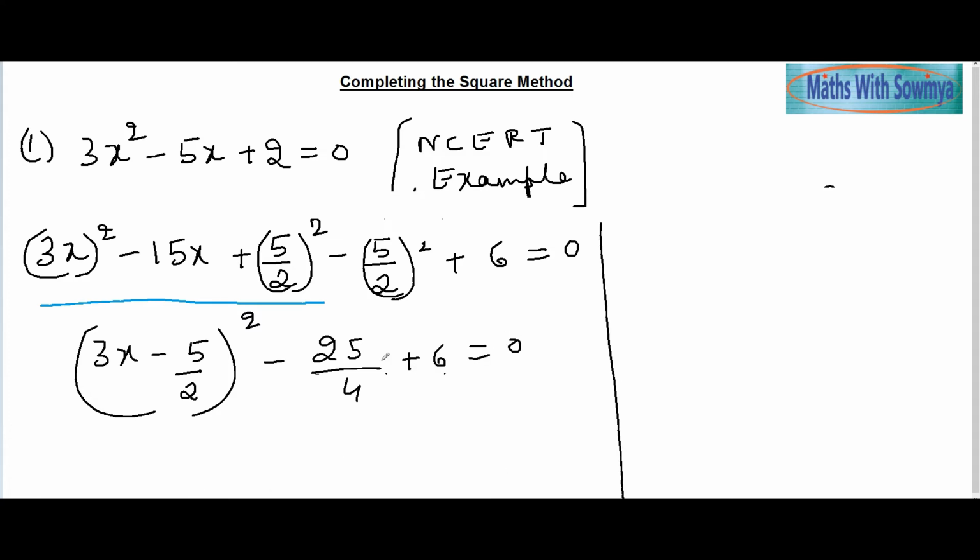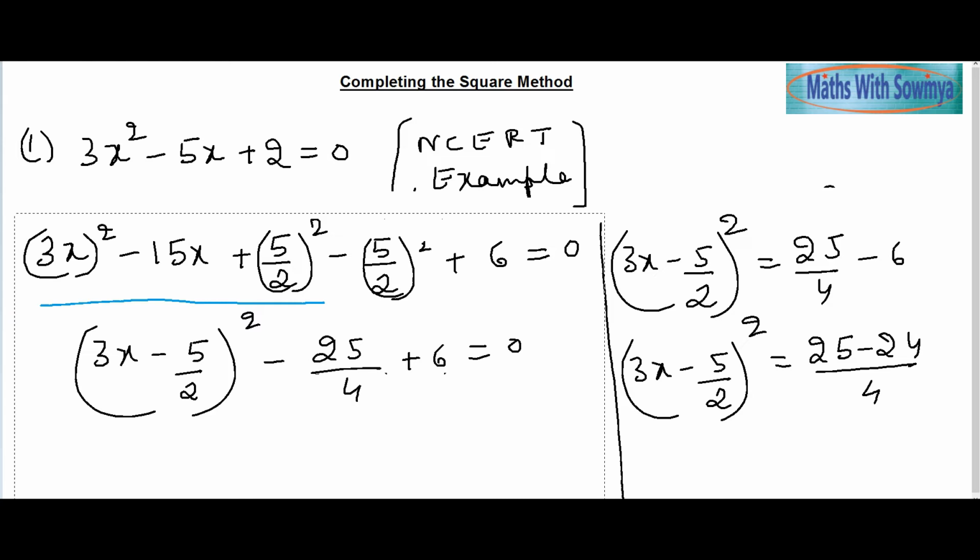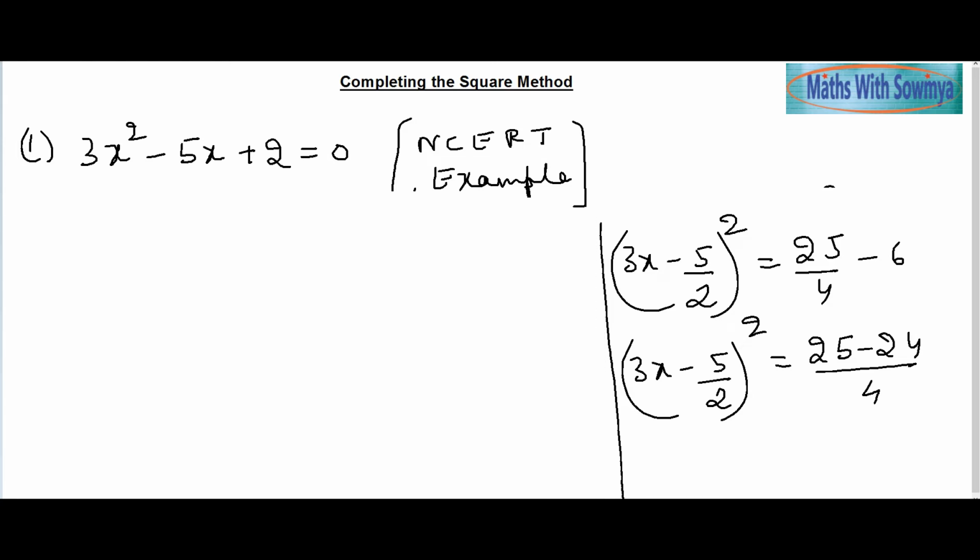So we can write it as 3x minus 5 by 2 whole square. Take this on the other side, 25 by 4 minus 6. So 3x minus 5 by 2 whole square. This will give me 25 minus 24 divided by 4 on LCM. So I just land up here with 3x minus 5 by 2 whole square, which is equal to 1 by 4.